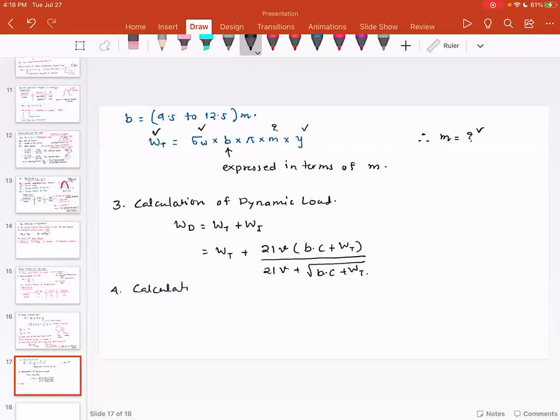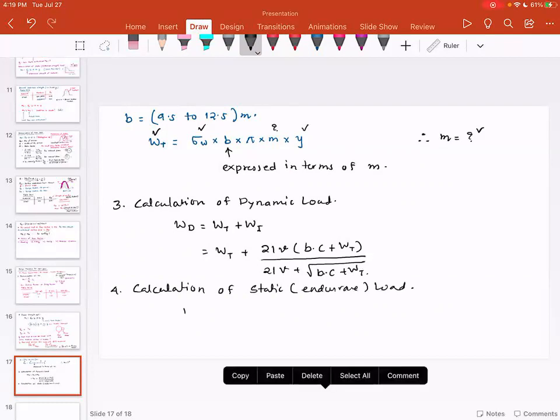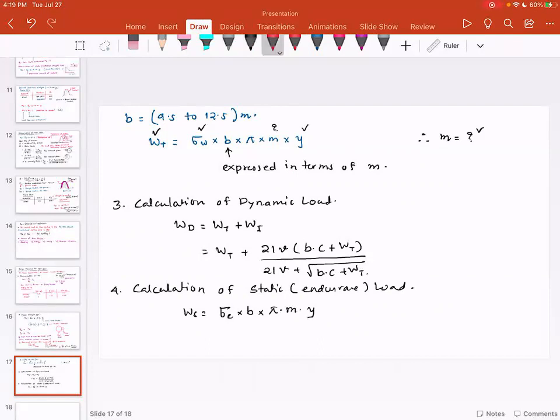calculation of static load or endurance load, and that equation is Ws is equal to sigma E multiplied by B times pi times M times Y. Please note, B and M are already known from step 2.